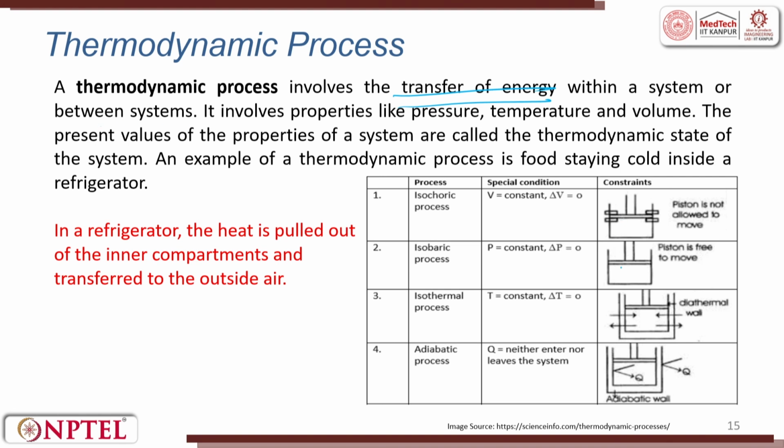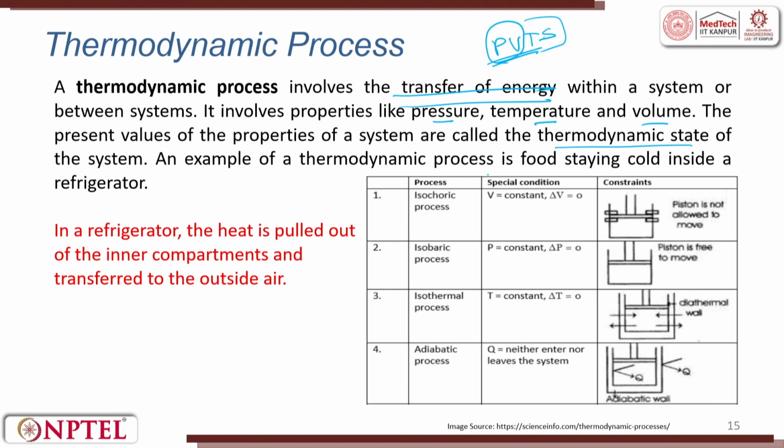It involves properties like pressure, temperature, volume, P, V, T. These are the normal things, and we also have entropy. We will later draw a PV diagram and a TS diagram. The present values of the properties of a system are called the thermodynamic state of the system.